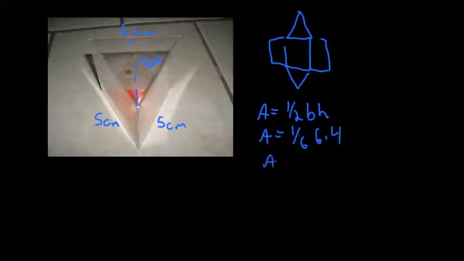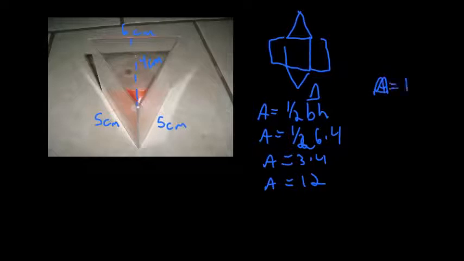Half of 6 is 3 times 4, so the area of my triangles would equal 12 each, and I got 2 of those. So my second triangle would also equal 12.